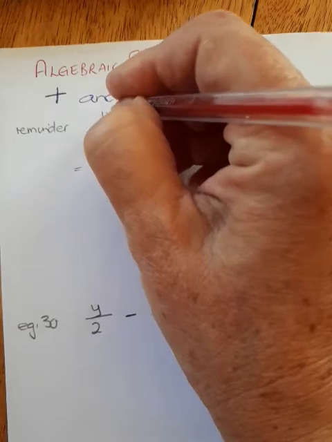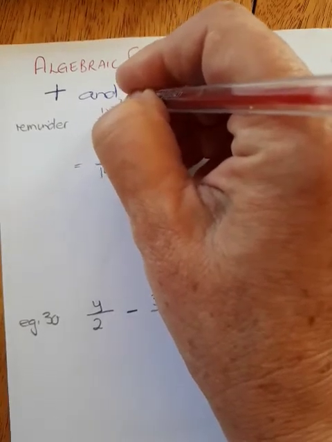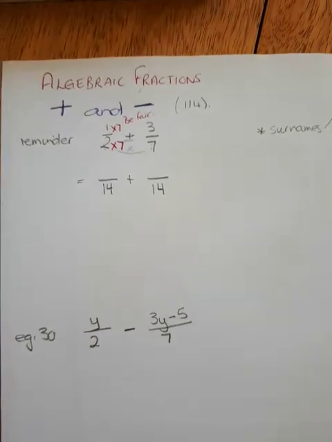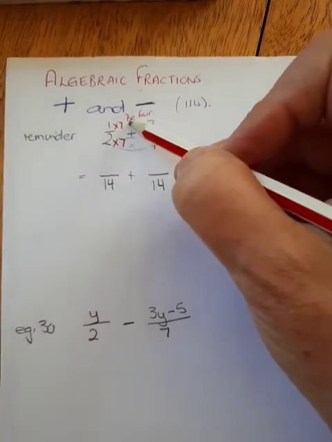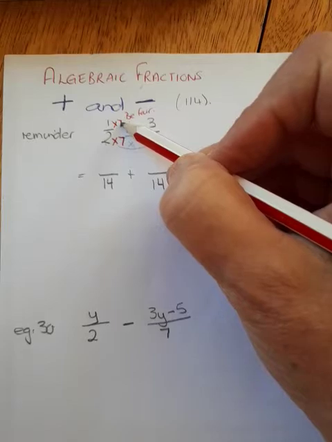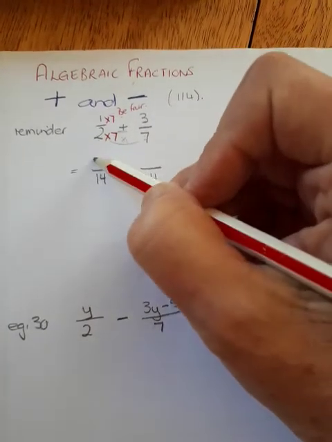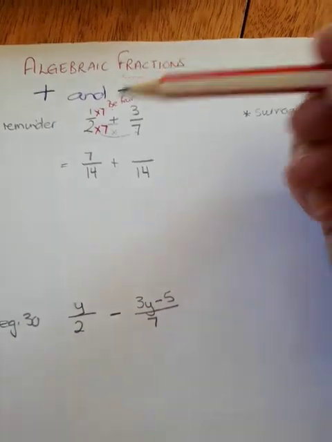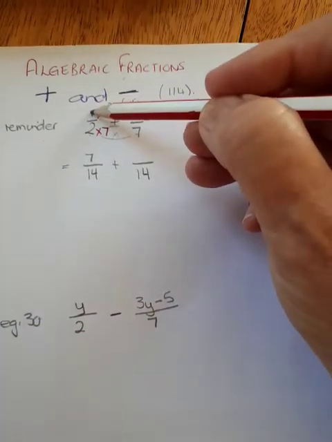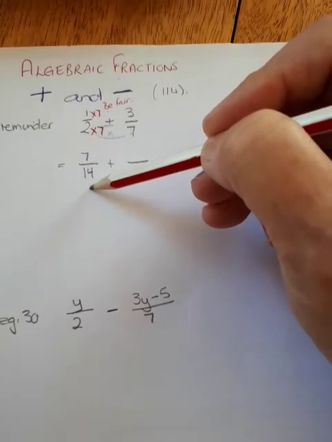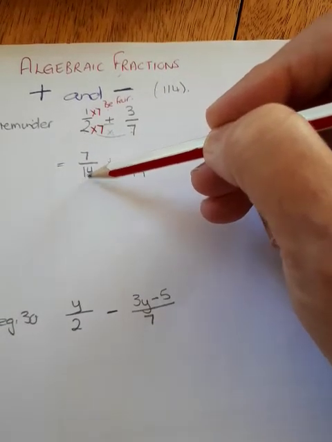And to be fair, I taught you the rule of be fair: what you do to the bottom, you must also do to the top. So you must multiply the numerator by 7 as well. So 1 times 7 gives me 7/14. So what that means, people, is that 1/2 and 7/14 is exactly the same size. You haven't changed its size.